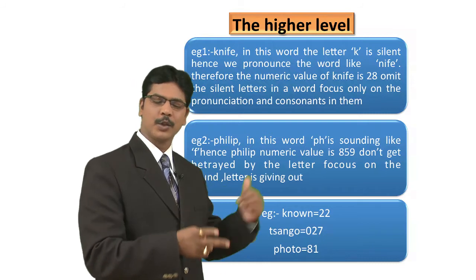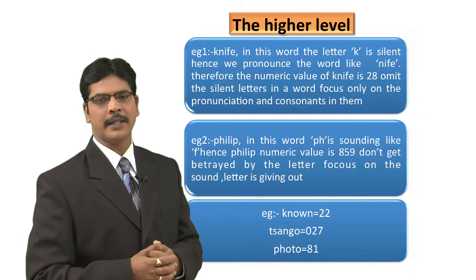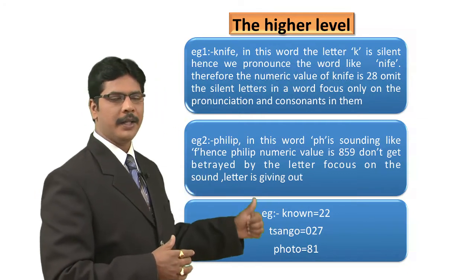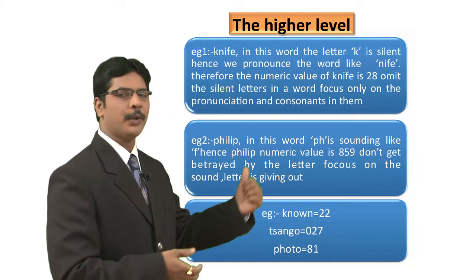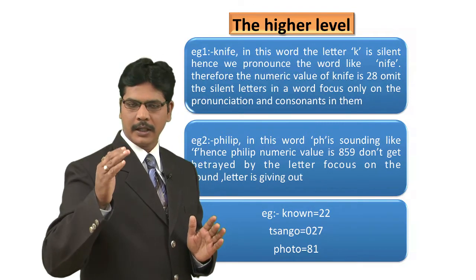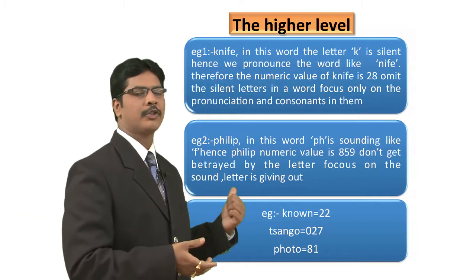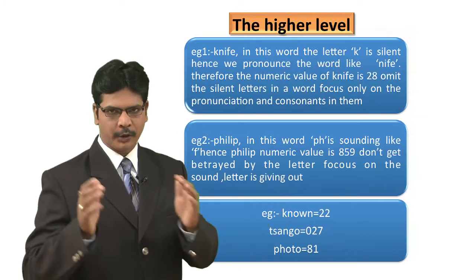So 22 is the answer for known. Let's take one more example, something like Tsango, T-S-A-N-G-O. Here T is silent, so you have to omit the T there, and for the rest of the letters, write their numeric value. For Tsango, the answer would be 027. I think you're able to follow it.